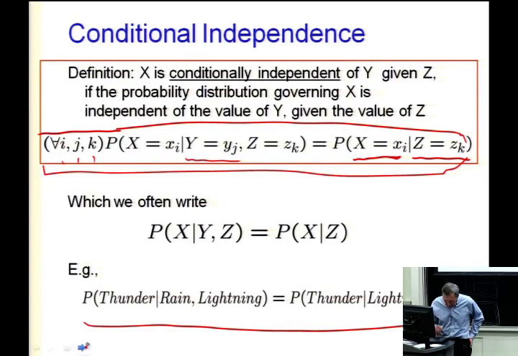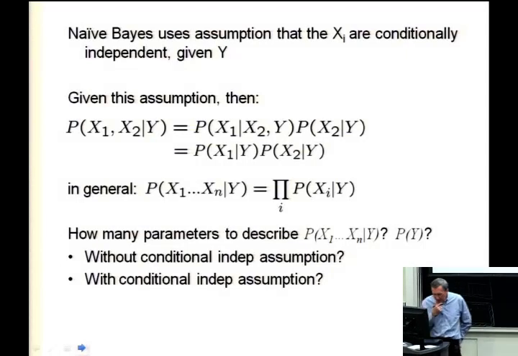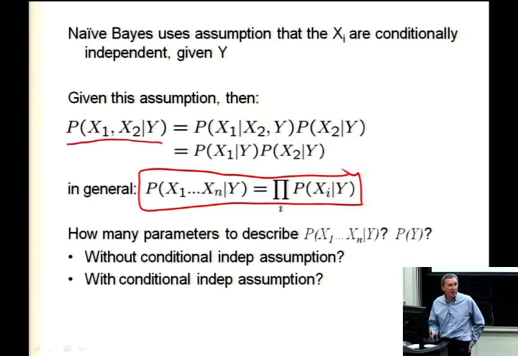So that's conditional independence, and naive Bayes uses that. We can easily derive this expression from the definition of conditional independence, and here's how. Suppose we're interested in the joint probability of, say, only two attributes, x1 and x2, given y. First, we can rewrite it this way. Why?